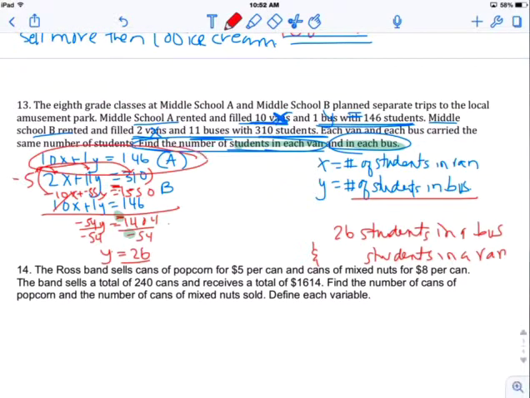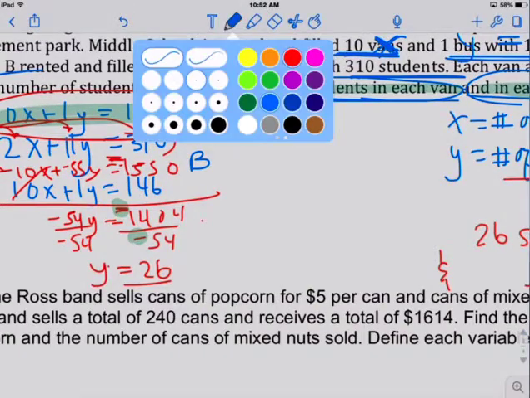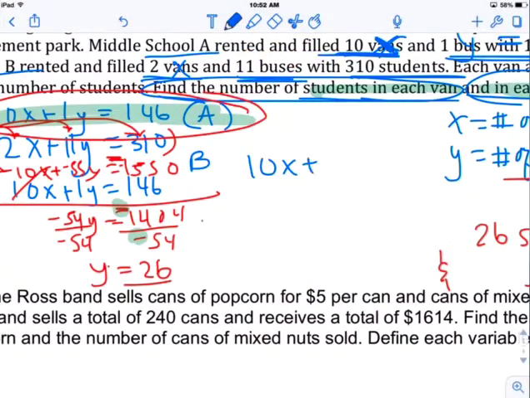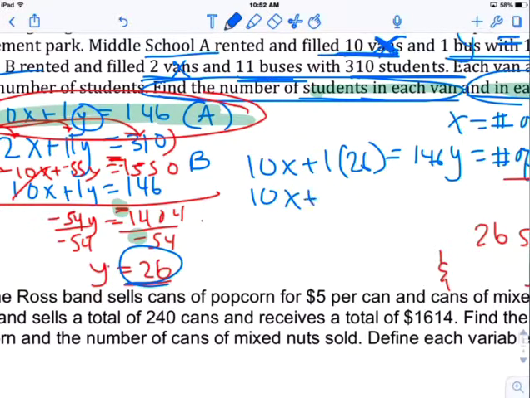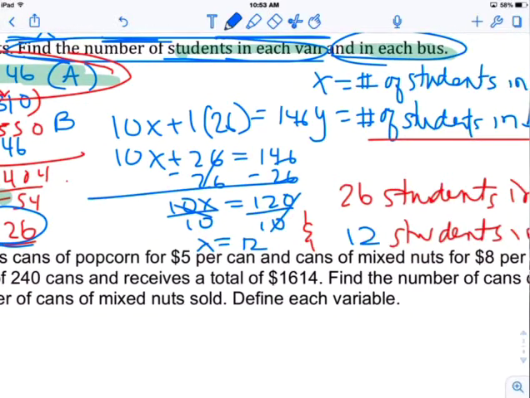Let's use this equation here. 10x plus 1 times, in place of y, we put 26, equals 146. So 10x plus 26 equals 146, minus 26. 10x equals 120. X equals 12 students. There's 12 students in a van.